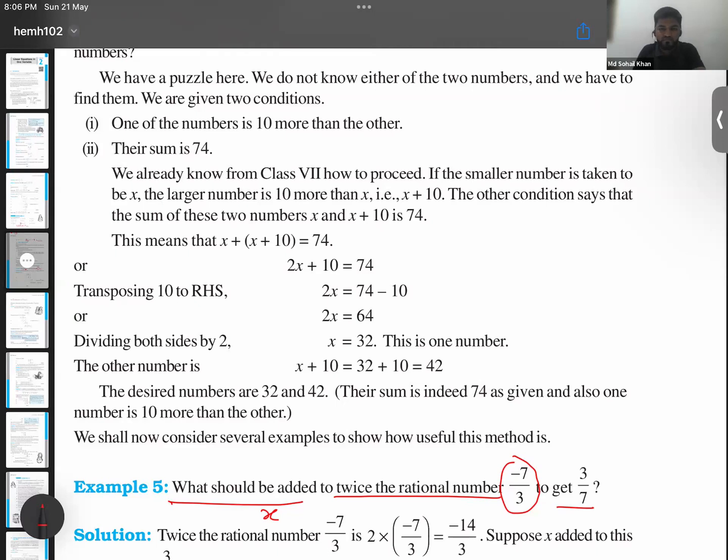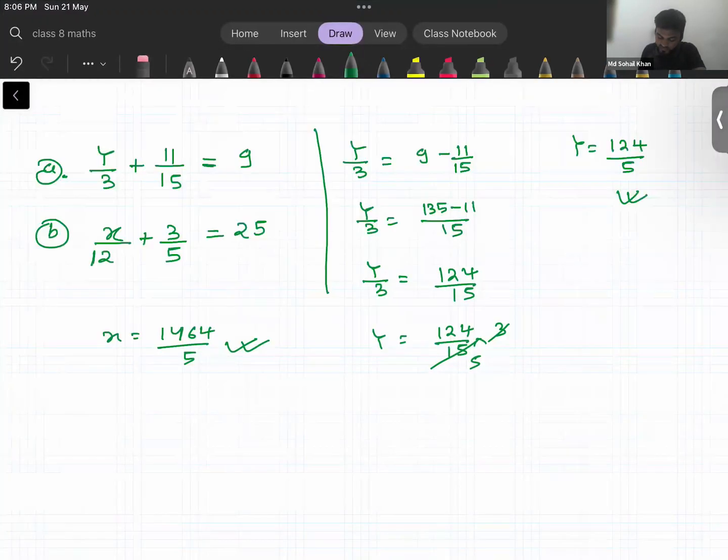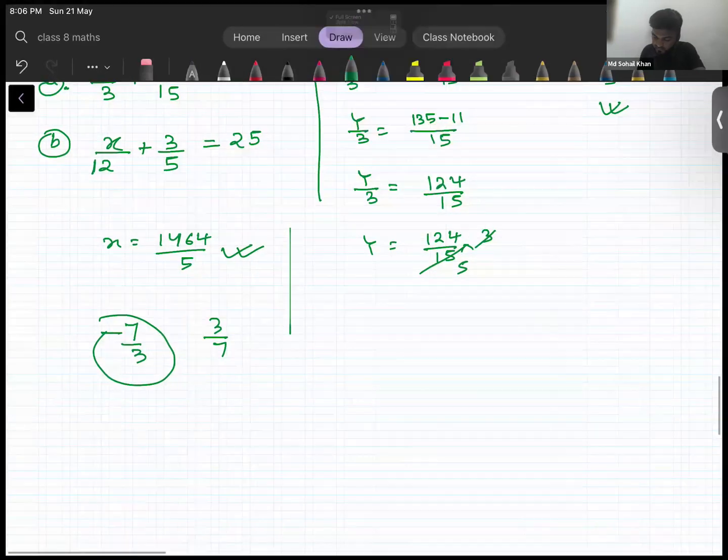Can you explain it, sir? Okay, sure. So these were the numbers, right? Minus 7 upon 3 and 3 upon 7. Let me share the screen so that you can see the question.